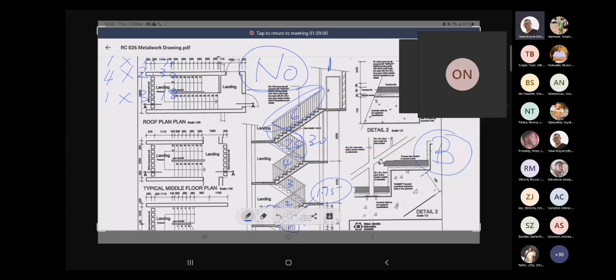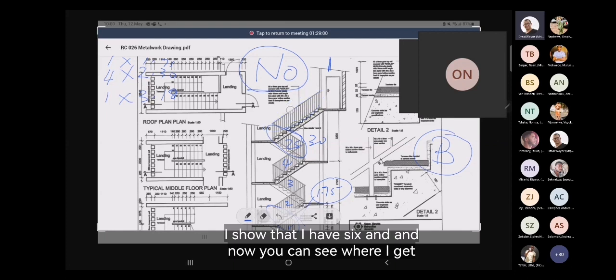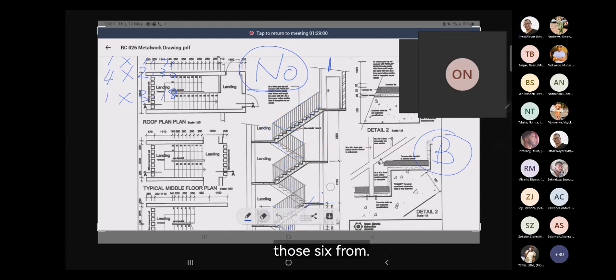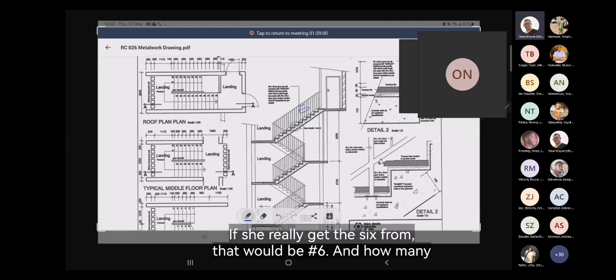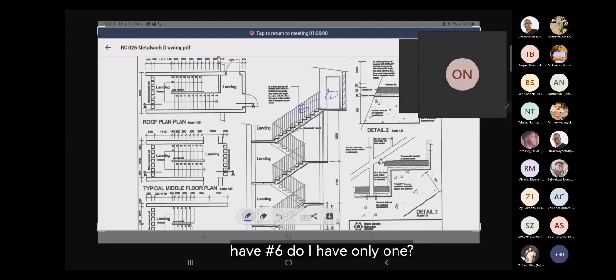You can see where I get those 6 from. That will be number 6, and how many of number 6 do I have? Only 1.